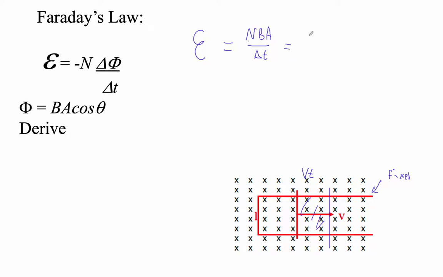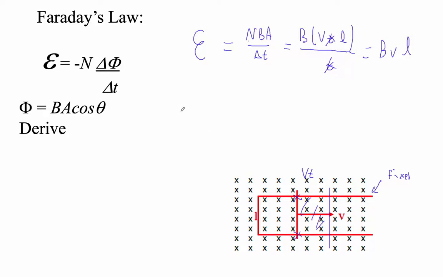Well, N is 1, so we get B. The area is going to be velocity times time times L, because it moves a distance of velocity times time, and then the width of it is L. And then that's over the time, and you can see that the time cancels out. So you end up with B times velocity times the length of the conductor is the EMF induced from one end to the other end, okay?